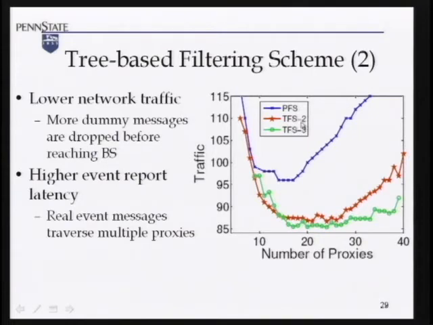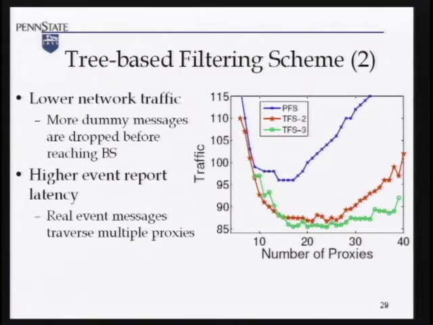Another one is the two-level proxies, and this green one is when you have three-level proxies. You can see the overall network traffic becomes lower than the PFS scheme. It shows that this kind of hierarchical structure will help to filter more dummy traffic.